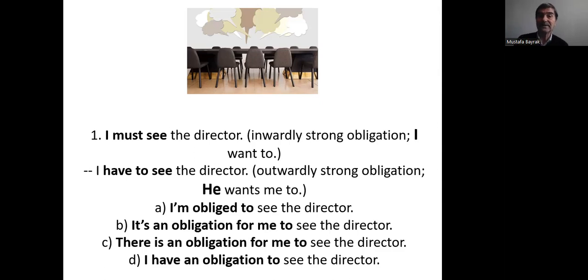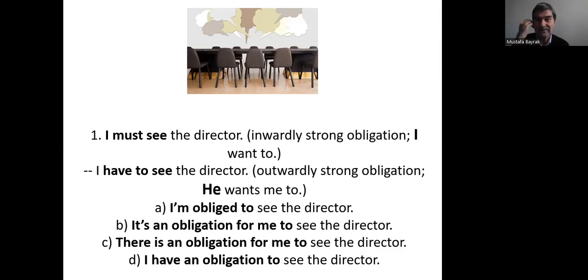Or it's an obligation for me to see the director. It's an obligation to see the director; obligation is a noun, to do. There is an obligation for me to see the director. There is an obligation to see the director. I have an obligation to see the director. I think this is more beautiful than B and C, because we don't need to use for me.